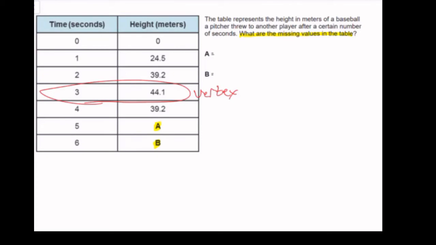So for the match for 1 second at 24.5 meters of height off the ground, at 5 seconds, our letter A would also be 24.5 meters off the ground. At a time of 0, the baseball was 0 meters off the ground, so that matches with 6. At 6 seconds, letter B will be 0 meters off the ground.